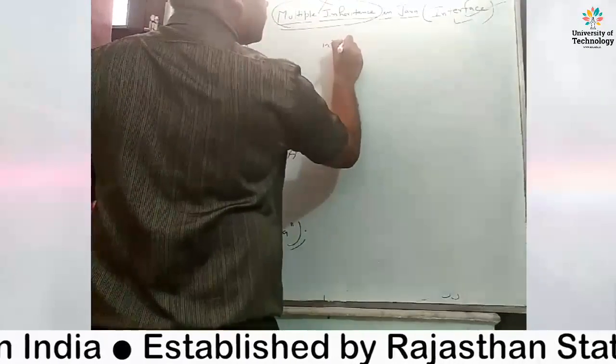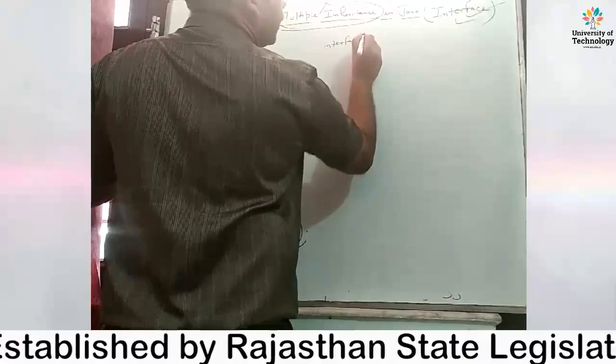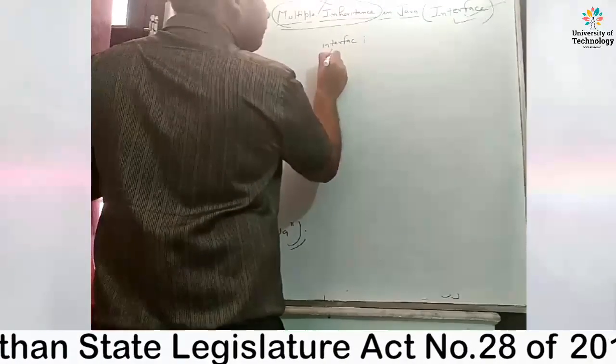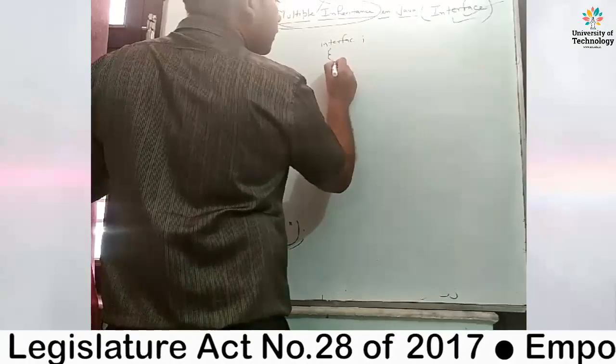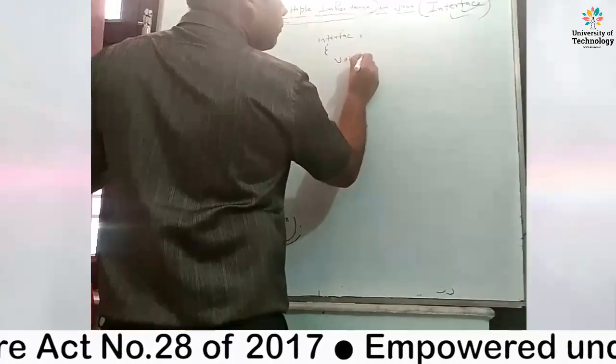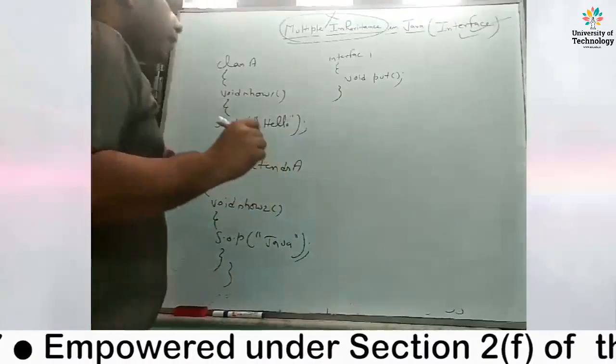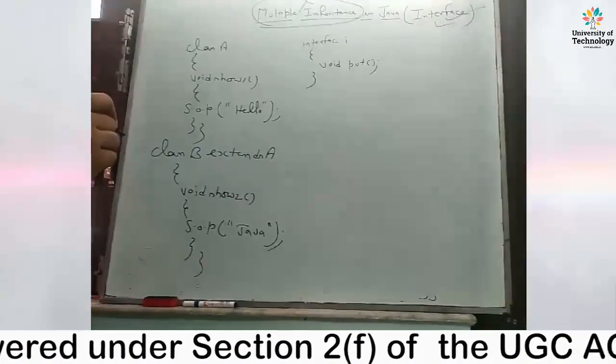Next, interface I. We have to define the interface, and we will define only the method here, void put. We will not define the body of this method here.